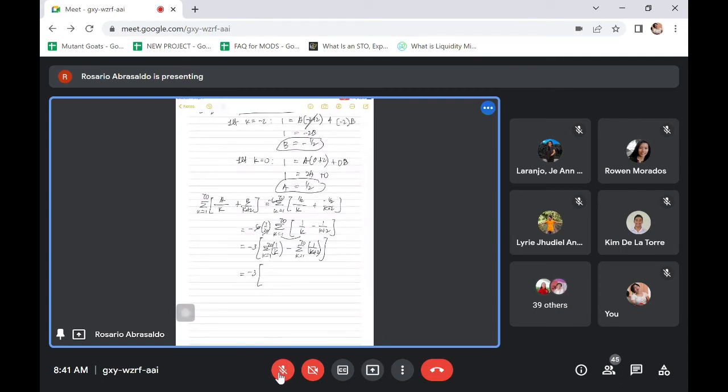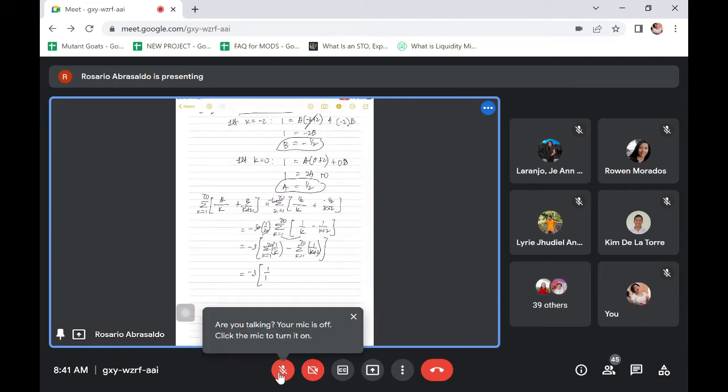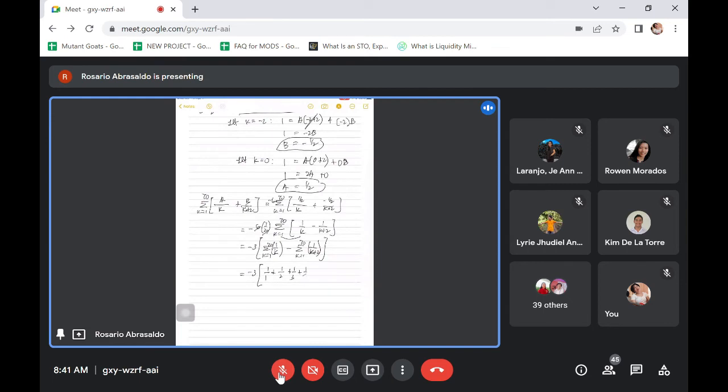For example, from 1 to 70: if k is 1, so 1 over 1, plus 1 over 2, plus 1 over 3, plus 1 over 4, plus 1 over 5, plus up to 1 over 68, plus 1 over 69, plus 1 over 70. Okay, we end up to that.